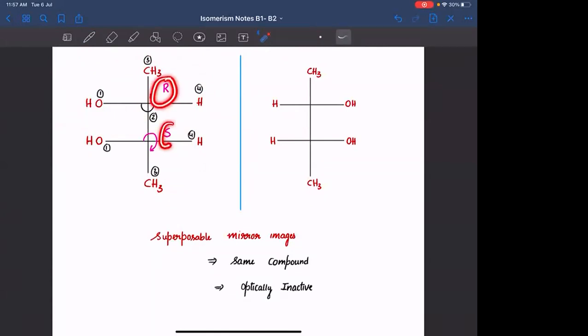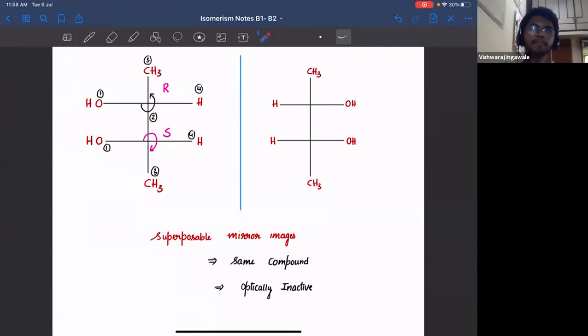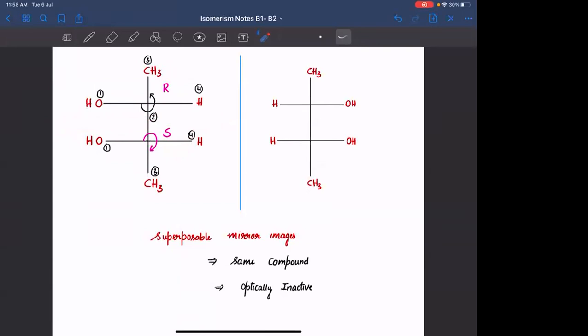Or you can think of it this way, everyone: this is R and this is S, and these two are exactly mirror images. The above part is a mirror image of the below part. All the groups are the same. Agreed? So if the above part is rotating in the clockwise sense, the below part will rotate by the same amount in the anti-clockwise sense. So what happens to the net rotation? It becomes zero.